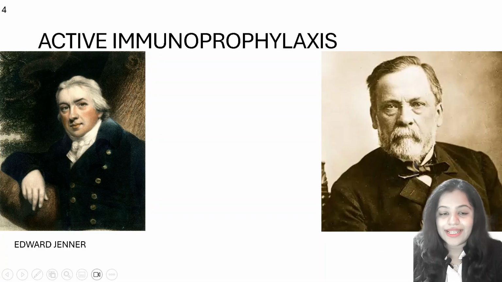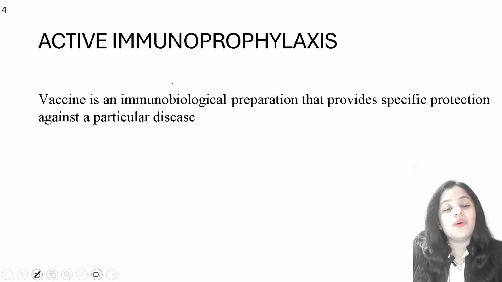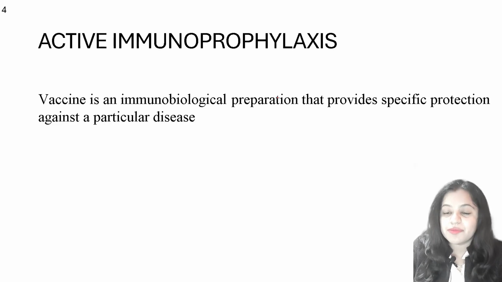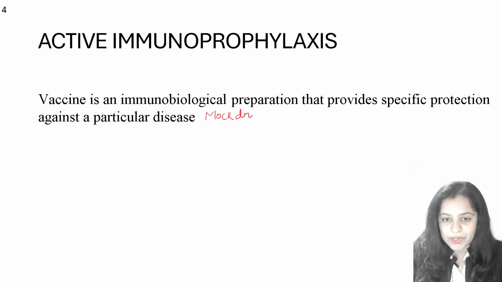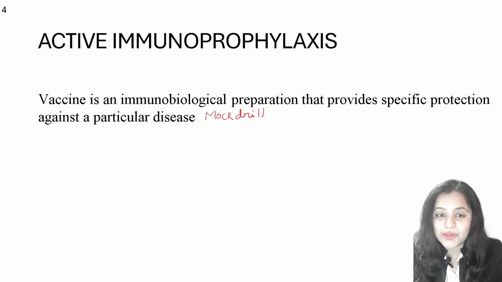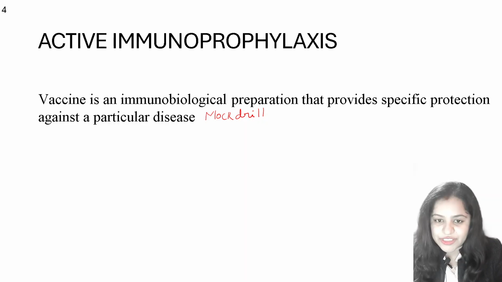Now, let's see the definition of vaccines. What are vaccines? Vaccine is an immunobiological preparation that provides specific protection against a particular disease. So, it's like a mock drill. Okay? It's like a mock drill, that is, it trains your immune system to fight against an organism without the actual chaos of that infection. Okay?